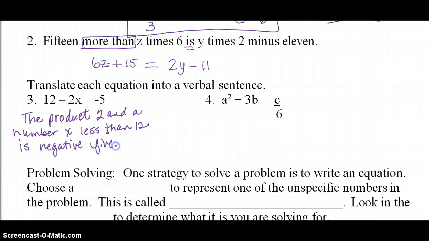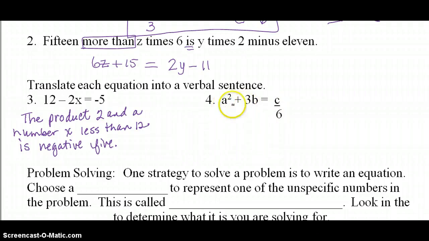Let's see if I wrote that correctly. The product of 2 and a number x less than, so whatever comes after than goes first, so 12 is going to go first, and it's the product of 2 and a number x, that is negative 5. Okay, you might have thought of a different way to write that. That's what came to my mind.